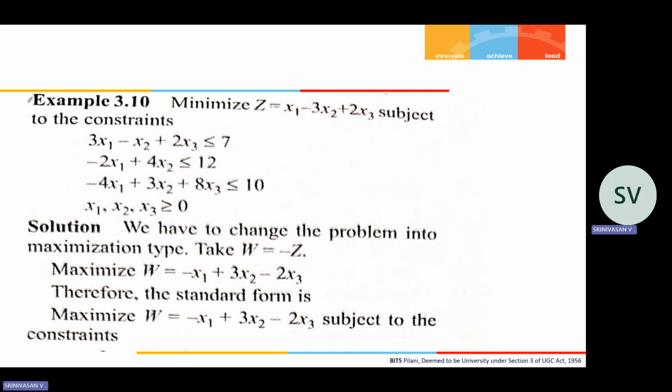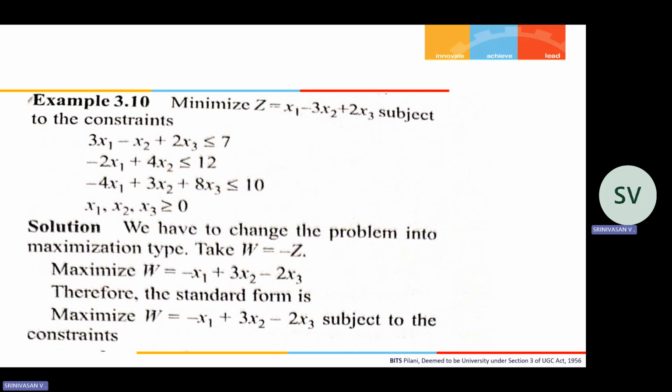Minus Z, for brevity, you can denote by some other letter, say W. So finding the minimum of Z is the same as finding the maximum of minus Z. So we have made it a maximization type. So take W equal to minus Z, so that the problem now becomes maximize W, because W is minus Z.